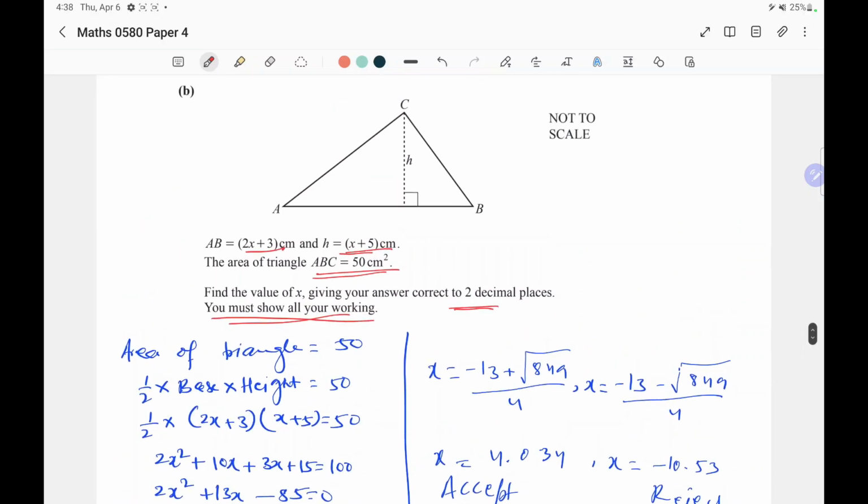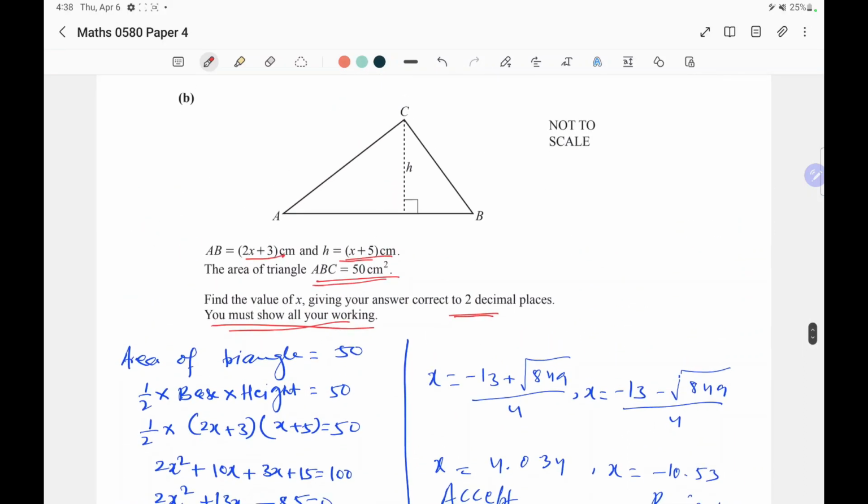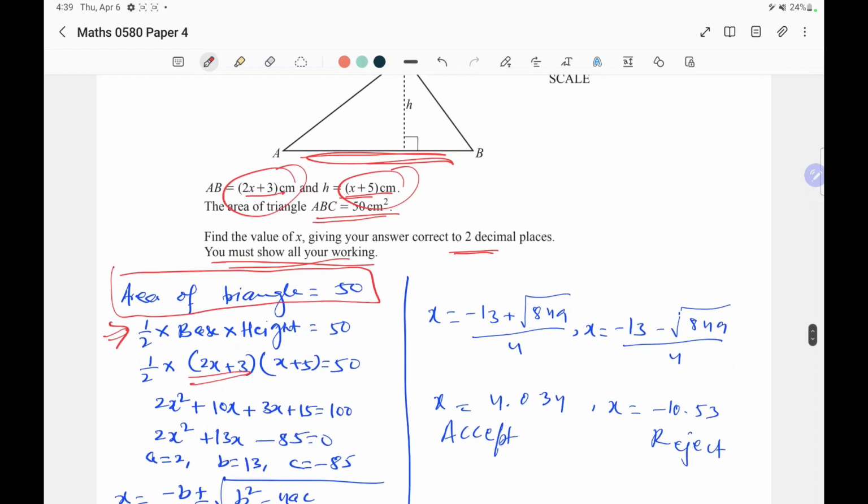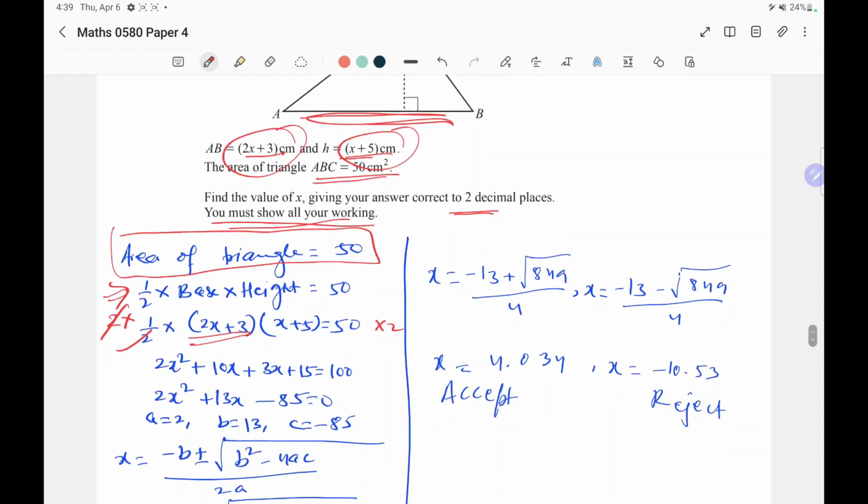We are not going to use the calculator too much. We will use it, but at the end, not for solving the quadratic equation. Area of the triangle is 50, that's given. Area is half times base times height. The base is 2x plus 3 and the height is x plus 5. Now multiply 2 on both sides, and the 2s cancel.